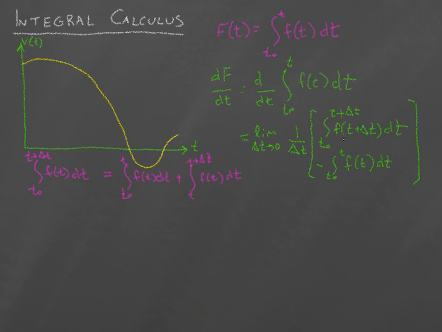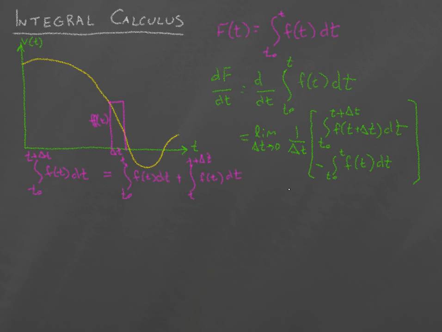So in other words, the difference between these two integrals is just a single rectangle of height f of t and width delta t.